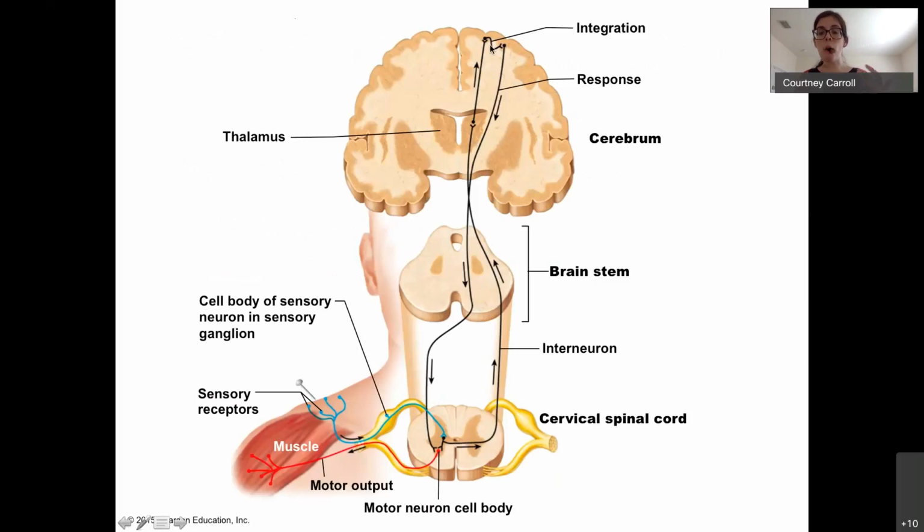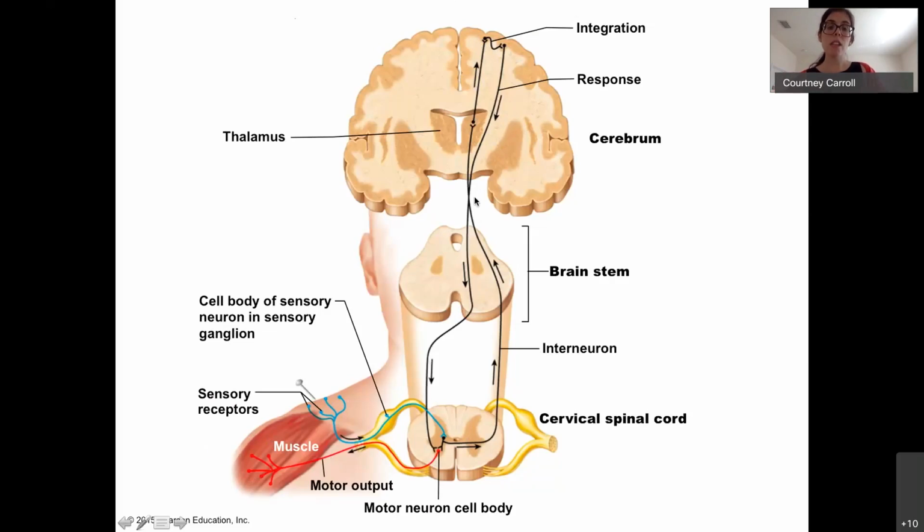The response will come from our sensory region in our brain, and then it'll pass that information to our motor region, right? Keep in mind where those are. You need to know different lobes that those occur in, which will then send the information down. The thalamus, again, is that relay station. So the information will go down and then become a motor or efferent neuron that will have a response.